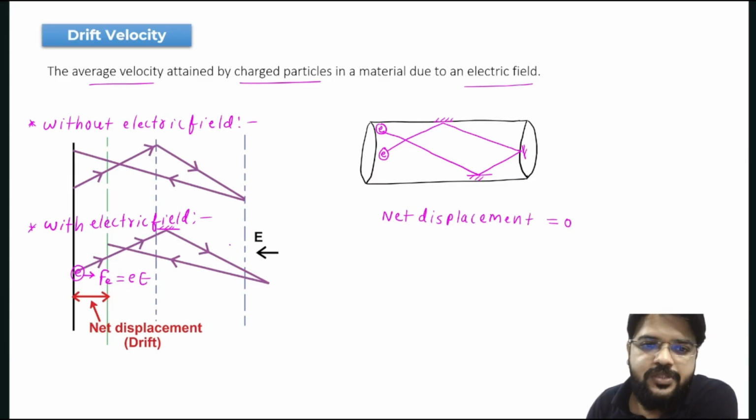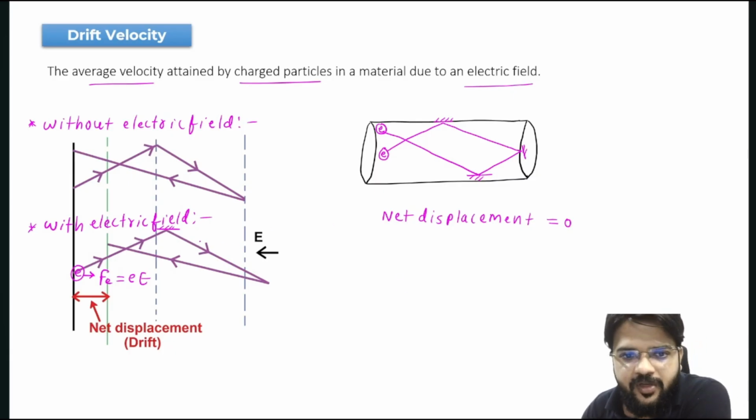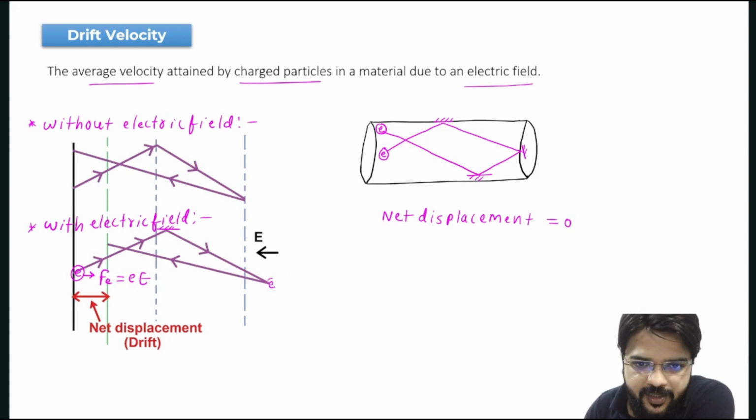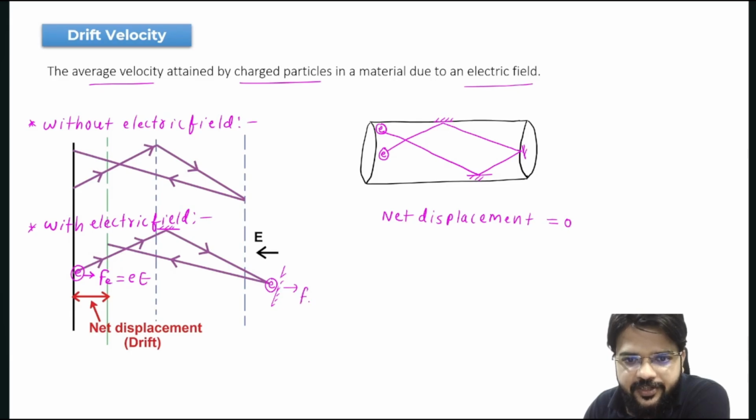When the electrostatic force is not present, it travels less distance. But when it is present, it travels extra distance. So now it is here, and again it moves in the forward direction, so it will travel some extra distance. It is here, and then a collision happens. The electrostatic force acts in this direction. Correct.